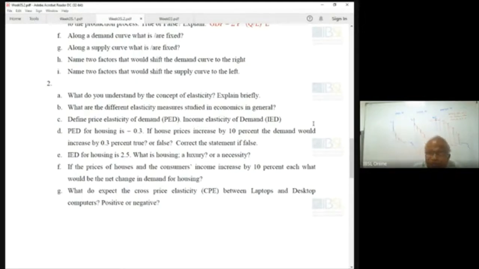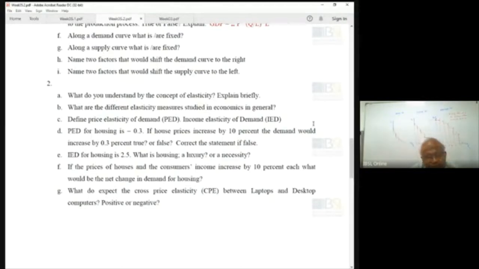Demand increases or decreases? If house price increases by 10%, what will happen to demand? First part, decreases. Then the question is whether 0.3% is correct or not.